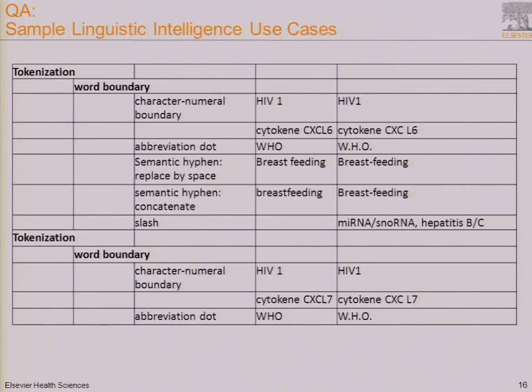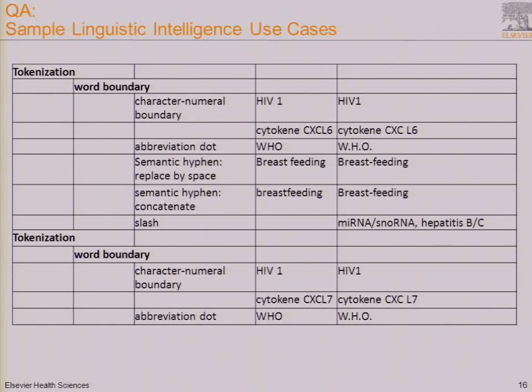Okay, we need to be able to identify that HIV1, HIV with a space 1, and HIV-1, they're basically the same thing, right? It looks very, very simple. As a human being, we're able to parse this very easily, but for a computer, this is extremely hard stuff.